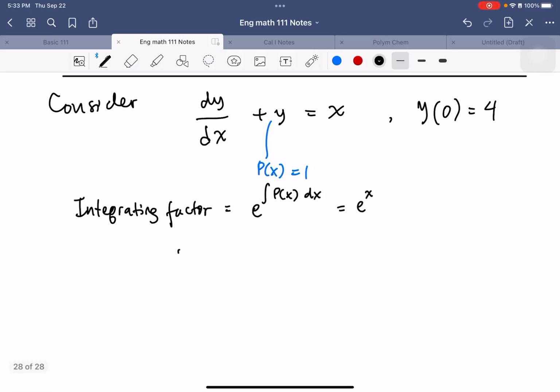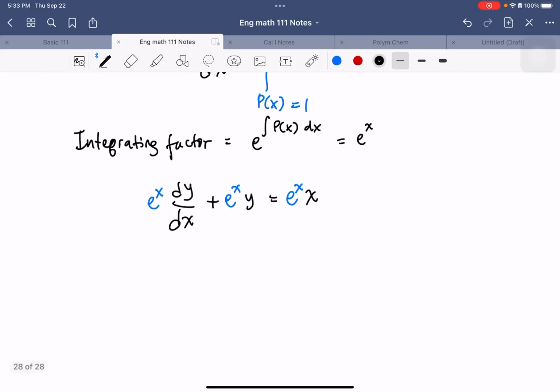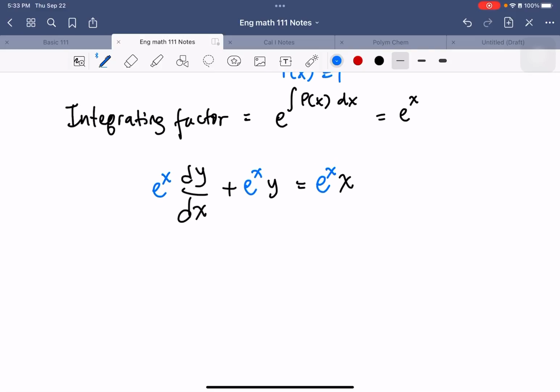Now we multiply this integrating factor into all components in the equation. By doing this, the next step is to reverse the product rule. Remember this as a product rule. So we make our product form, which includes e to the x and y.